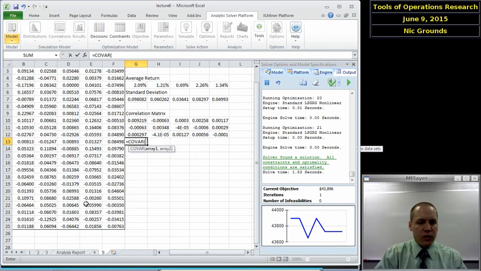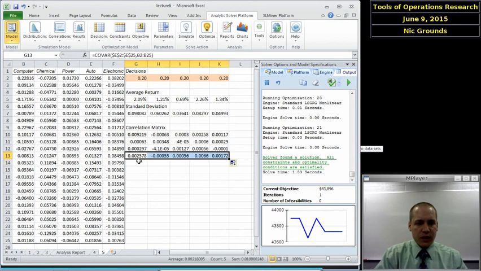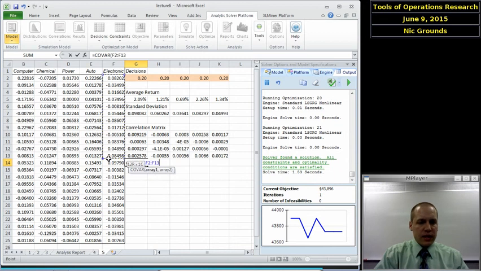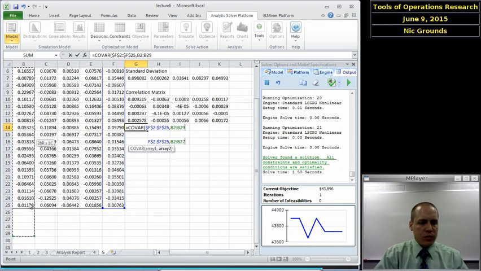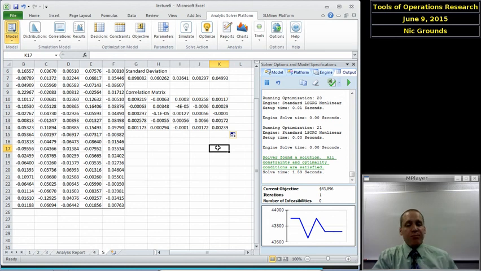Fourth row, auto investment, with each other one. And lastly, the electronic investment with each other one, step by step. Now that's one way you can do it.